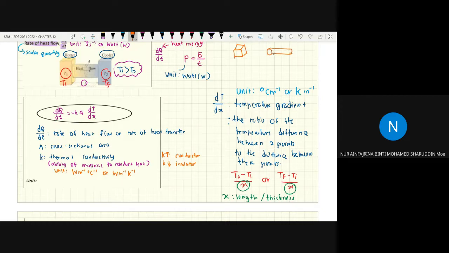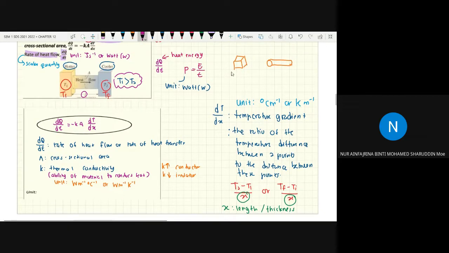For example, if Miss heats the bottom, the heat flows from bottom to top. If Miss heats this rod from the left side, the heat flows from left to right. This is the heat flow in blue. So the initial temperature starts from here, T1 to T2. It is the same here, T1 to T2.